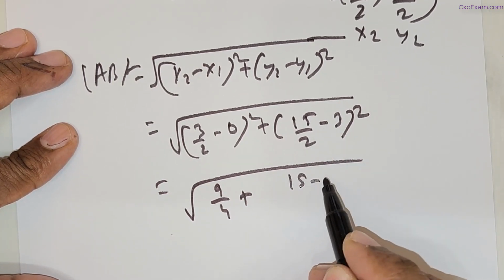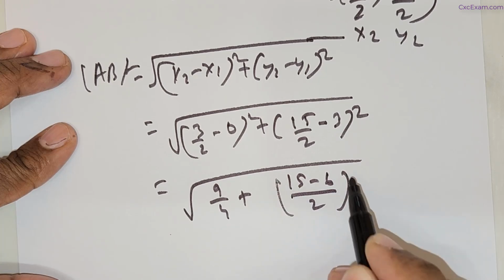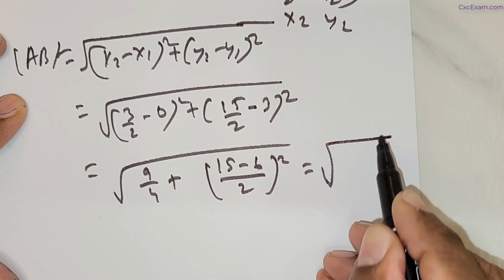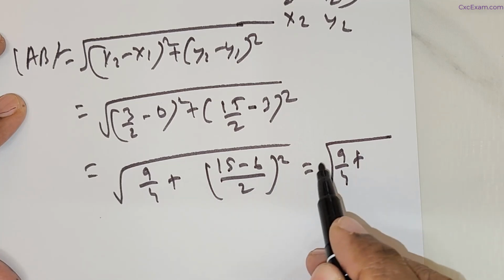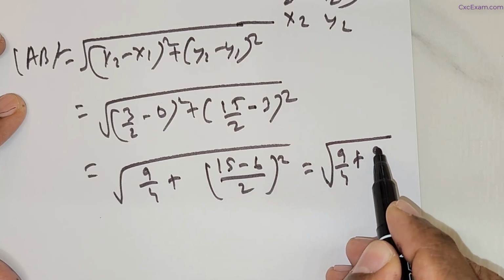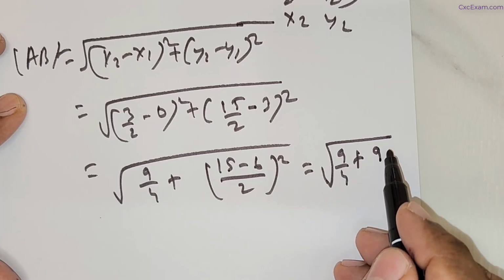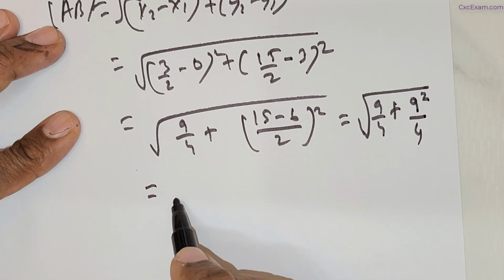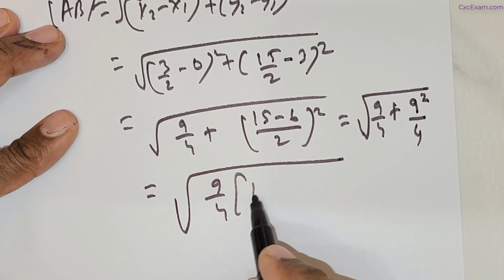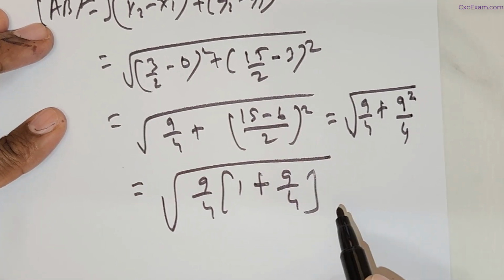This is going to give me 15 negative 6 over 2 the whole squared, which is equal to 9 over 4 positive, you get 9 squared over 4.